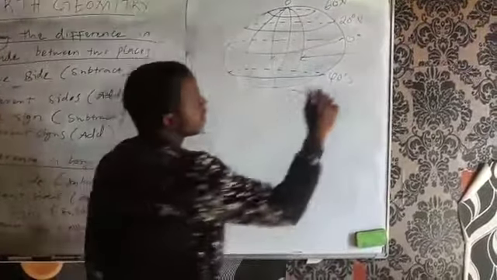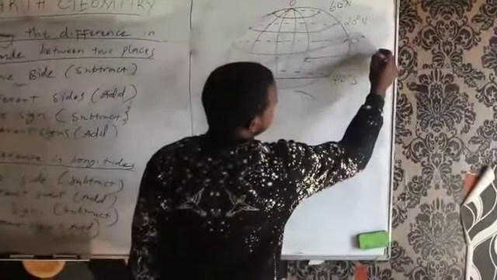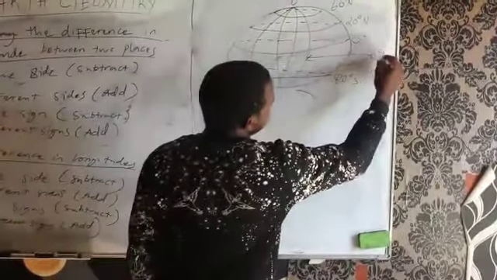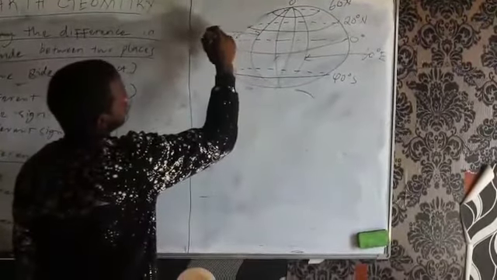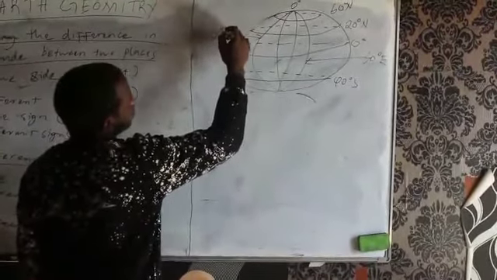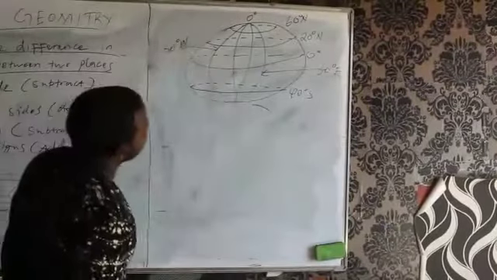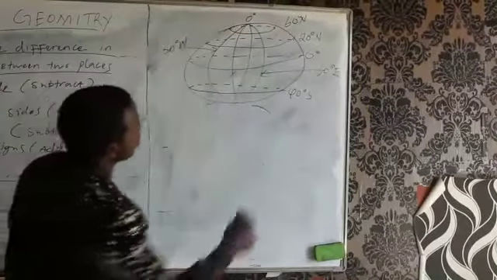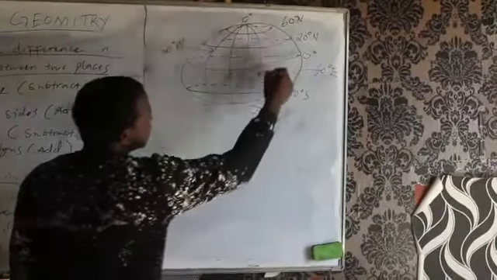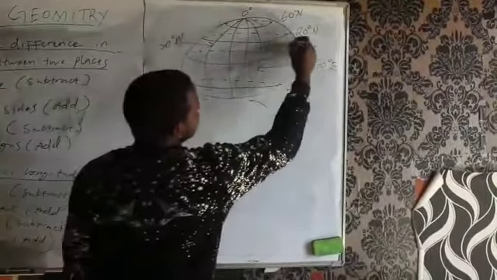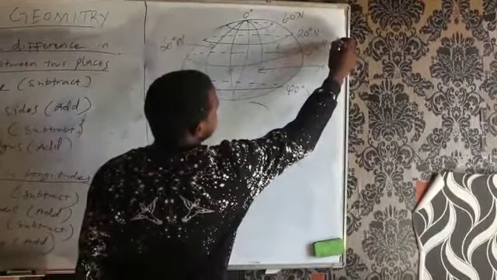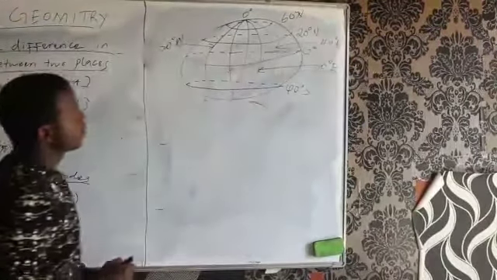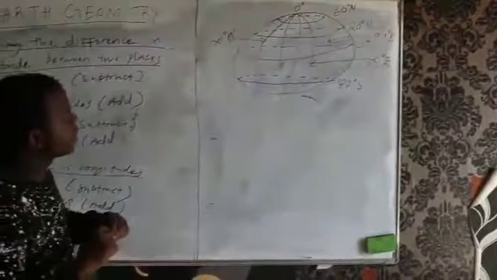So if this is 60 degrees east and this is 60 degrees west, then let me put another line. I'll put it here on the east side. So if I say this is 40 degrees east.